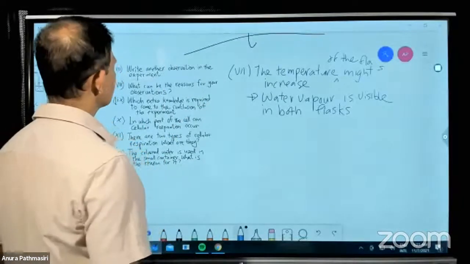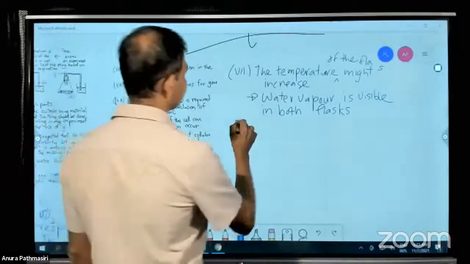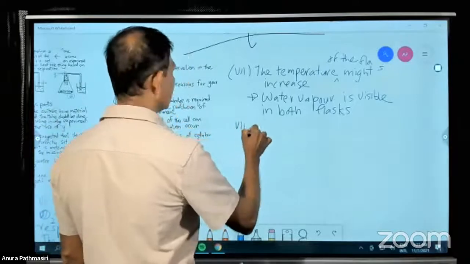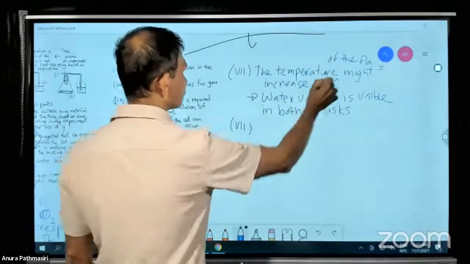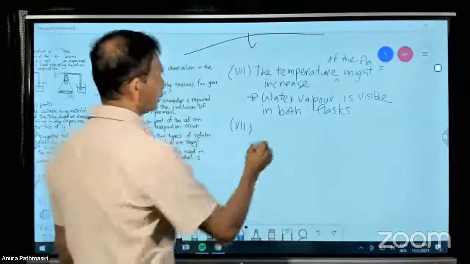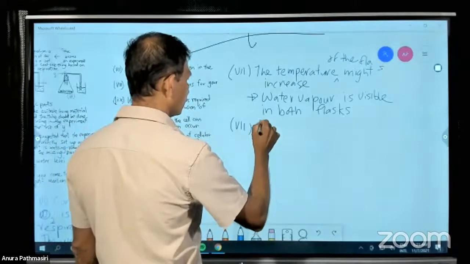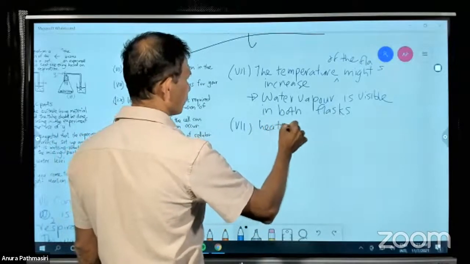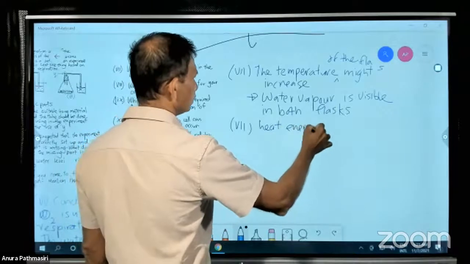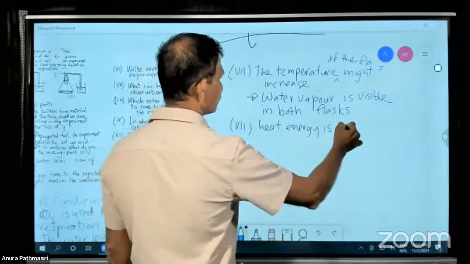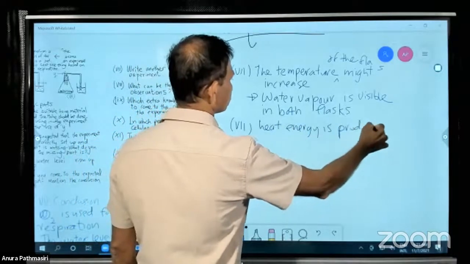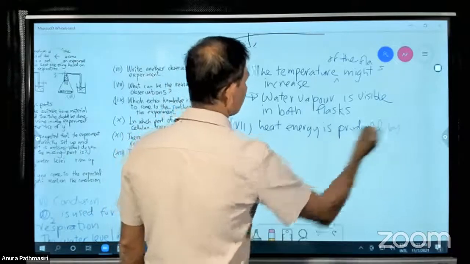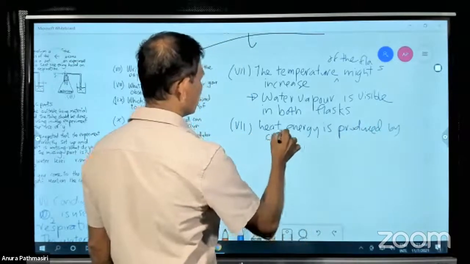What can be the reason for your observation? If you write the temperature, heat energy is produced by cellular respiration.